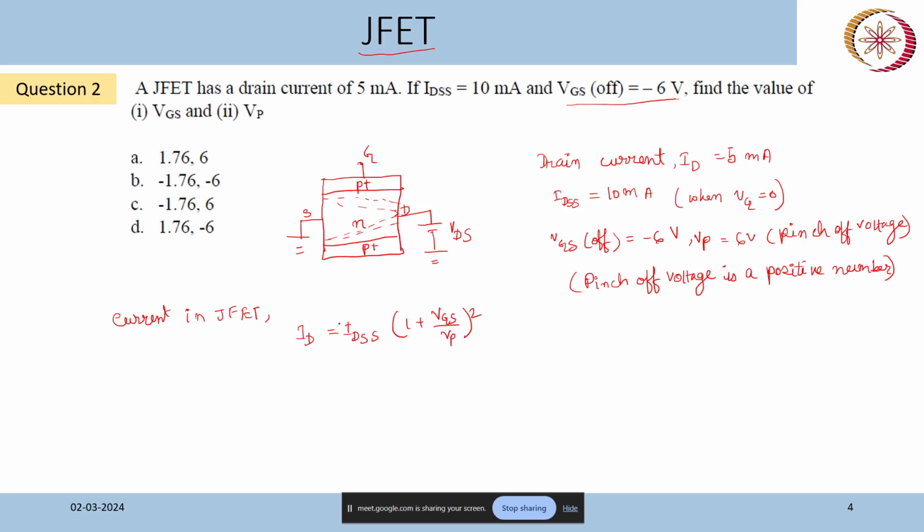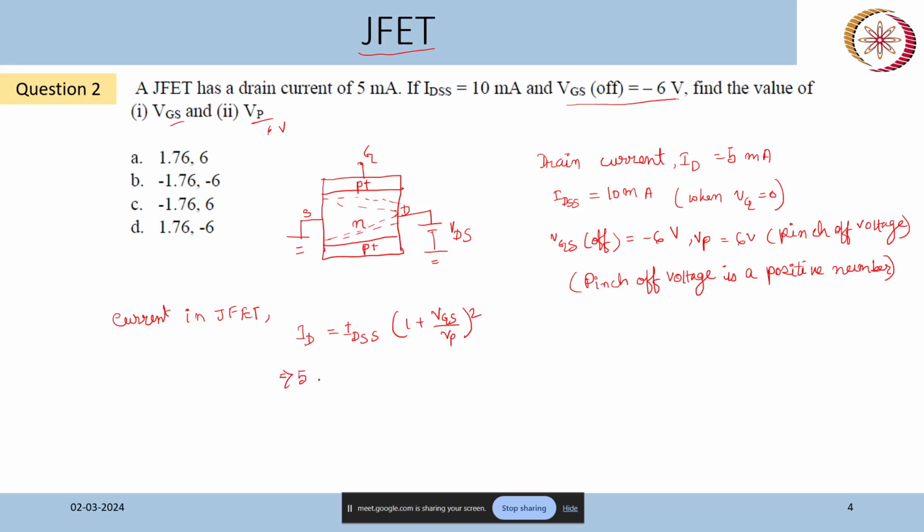Now let's put all the values here and calculate VGS. We already got to know that VP is 6 volt. Now we have to calculate VGS using this equation.